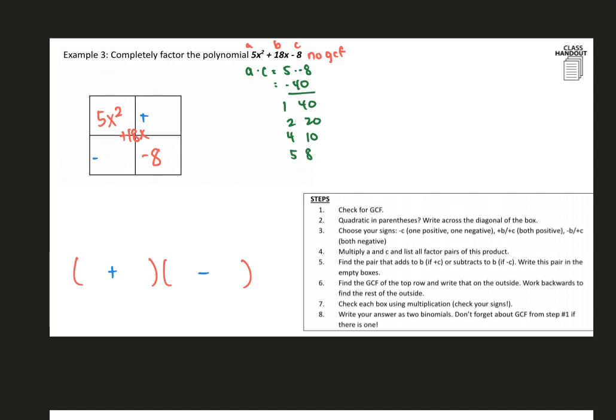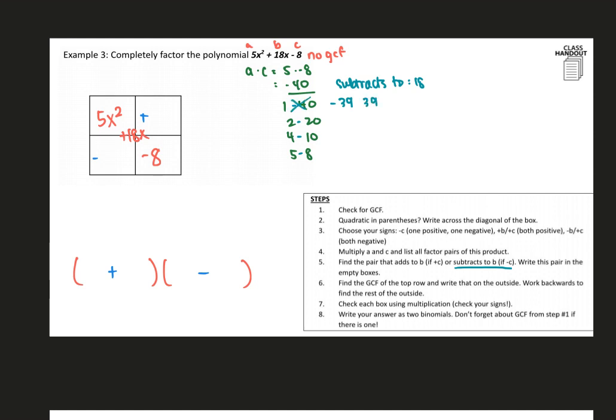And in this case, we are trying to find the pair that subtracts to B, because we know that one is going to be positive and one has to be negative. B is 18. So I'm going to put a subtraction sign in between, and we kind of have to go in both directions. 1 minus 40 is negative 39, and in the other direction, 40 minus 1 is 39.